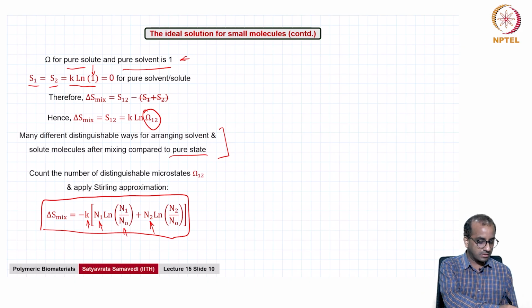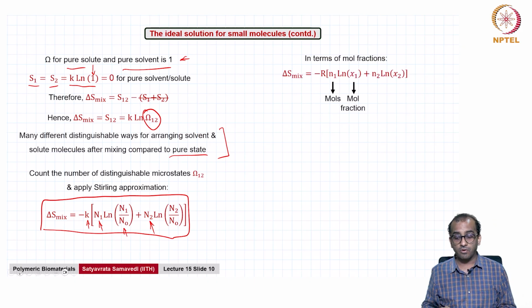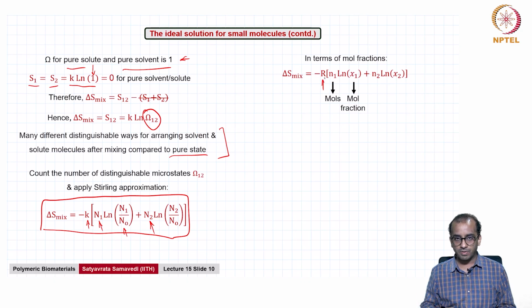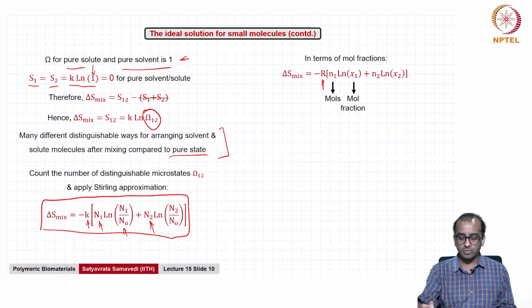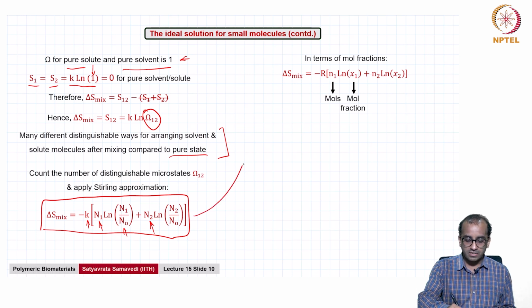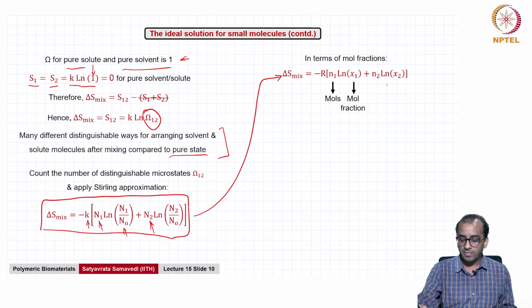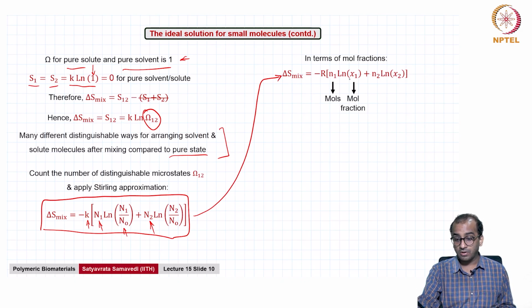Now, if you recast this in terms of mole fractions, if you know the relationship between k and the gas constant R, they are related by the Avogadro number, then if you convert that into an R, you can now recast the capital N1 in terms of small n1, which simply represents moles. This equation recast in terms of mole fraction is given by minus R times n1 log x1 plus n2 log x2.